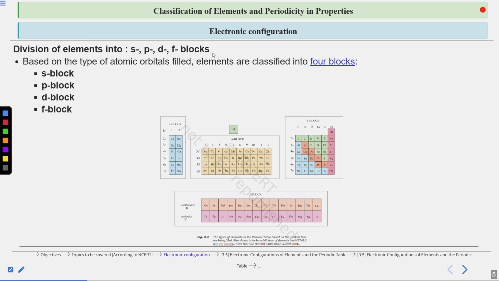If you look at the periodic table, at the left column, you must be seeing S block written, right? Which includes group 1 and group 2. Then in the middle part, we have the D block, and on the rightmost part, we have the P block. At the bottom of the periodic table, you will be able to locate the F block elements, which includes the lanthanoids and the actinoids.